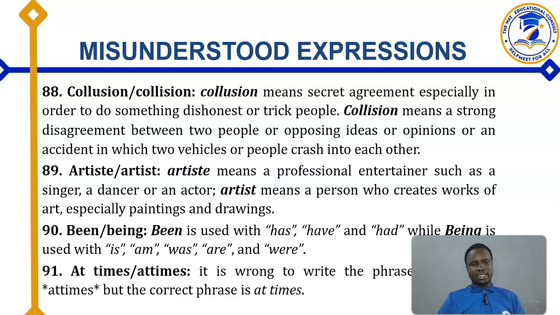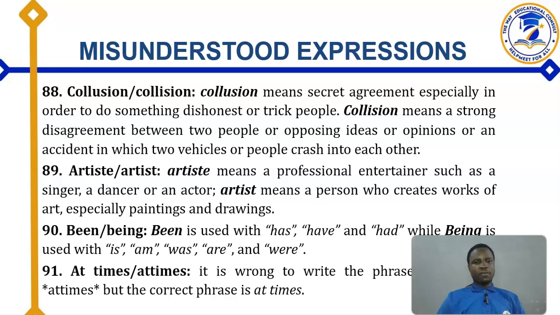That singer is an artiste, with an E after it. That dancer, that actor, that performer is an artiste. But when you refer to an artist, someone who creates works of art like painting or drawing, a form of visual presentation, then you have artist without E.